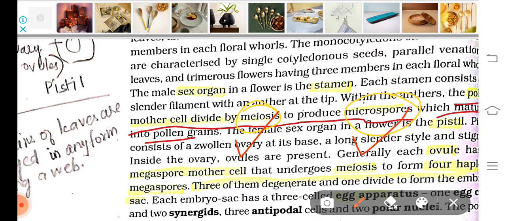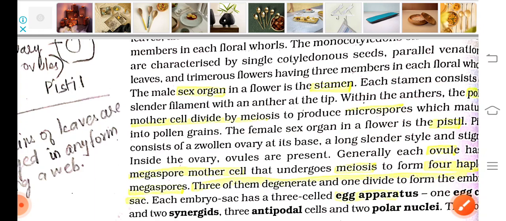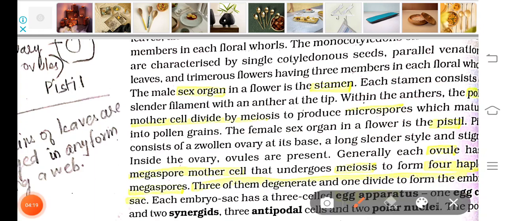Okay, meiosis and microspores. In your ovules, which are your female part, the megaspore mother cell also divides by meiosis, but they form megaspores. See here it is written, but over here in your males it is microspores.